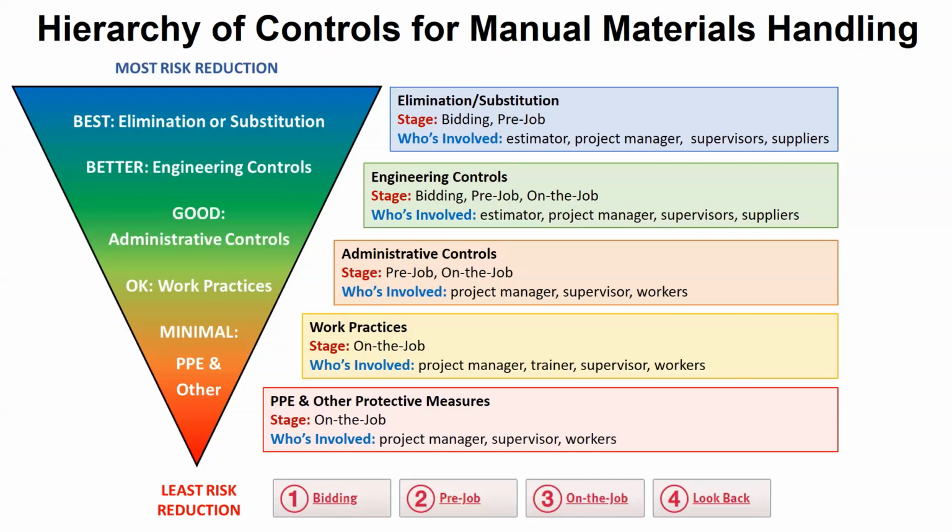The lowest level of the hierarchy, PPE and other protective measures, is also determined during the on-the-job stage of construction and involves project managers, supervisors, and workers. As you move down the hierarchy, the effectiveness of the controls decreases, so only controlling manual material handling risks during the on-the-job stage of construction is least effective.